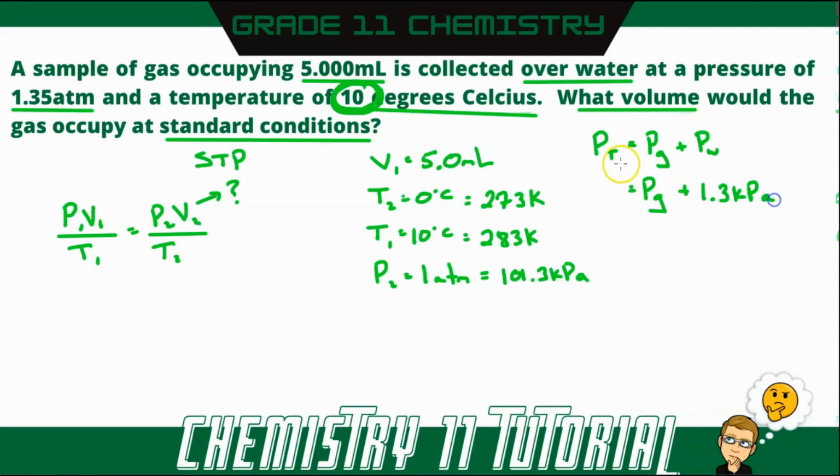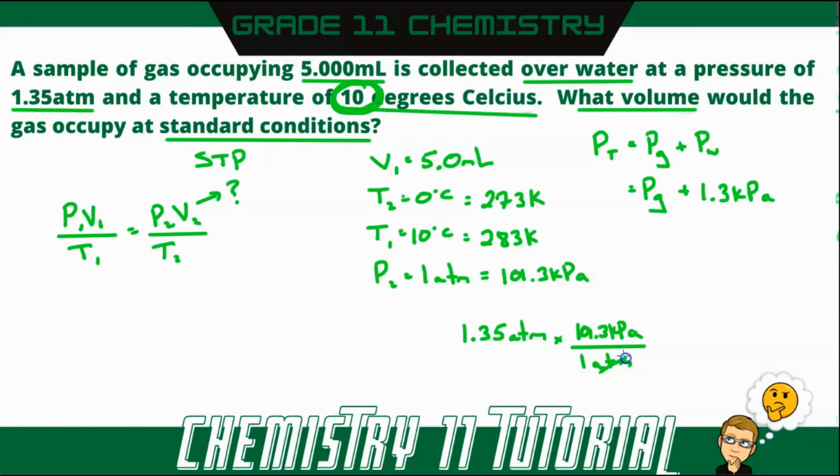kilopascals. And we know that total pressure is 1.35 atmospheres, but let's convert that to kilopascals. And we can do that by taking 1.35 atmospheres and multiplying it by, for each atmosphere, we have 101.3 kilopascals per each 1 atmosphere.